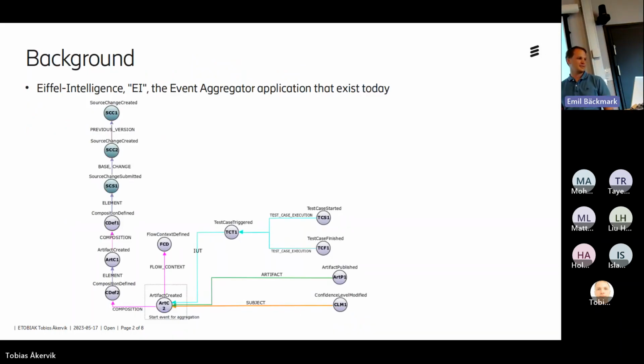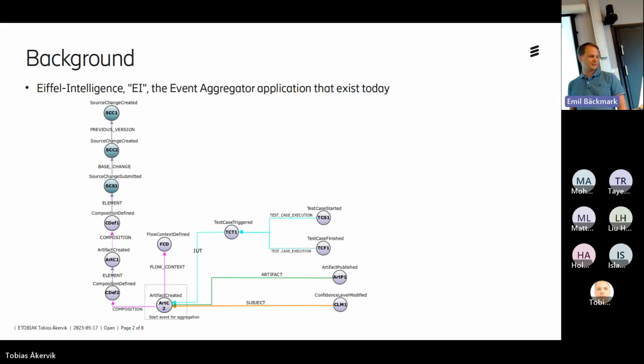Today Eiffel Intelligence aggregates data based on a start event. The most common one we use in Ericsson and in my project is the artifact rules, which have the artifact created event, or ArtC, as start event.